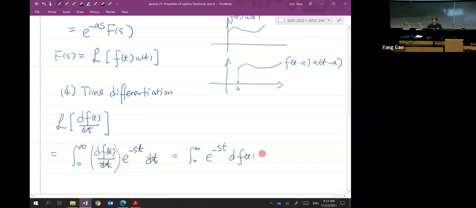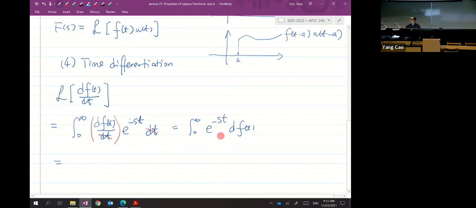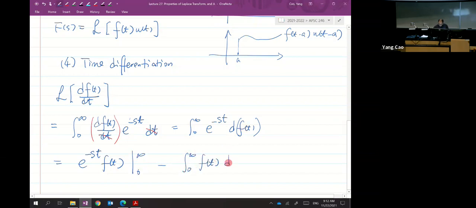And then from here, what's the property again? Someone help me out. What's the property for this? When you have an e and a d of this, you end up with e to the power negative st times f of t, plug in the limit, and then switch the order.